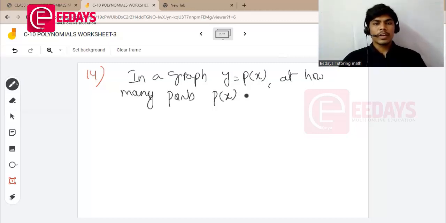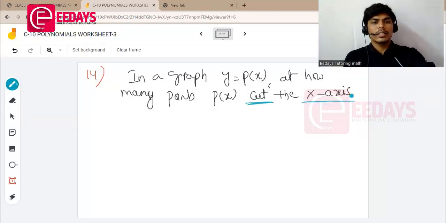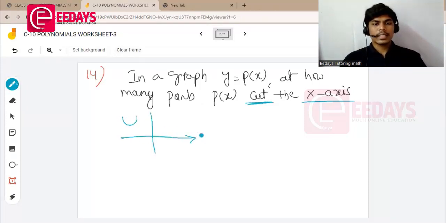Observe the graph here. In the first graph, there is no relation between the x-axis and the graph of p of x. This x-axis, the graph doesn't meet it. That's why the number of zeros is 0.